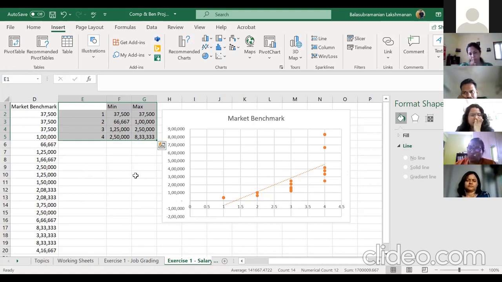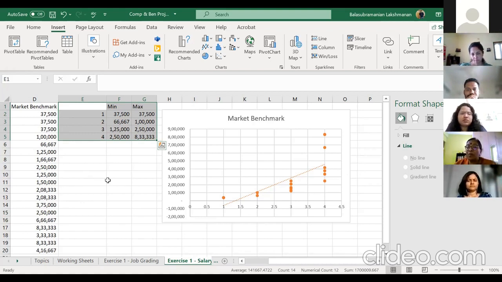Now grade 2, similarly, you need to look at, if you have created 66,000, you can round it off and 1 lakh. Now, sometimes there can be an overlap or sometimes there may not be an overlap, depending on, again, you have to look internally, what kind of promotion am I actually creating for my people when they go from grade 1 to grade 2, grade 2 to grade 3, grade 3 to grade 4.